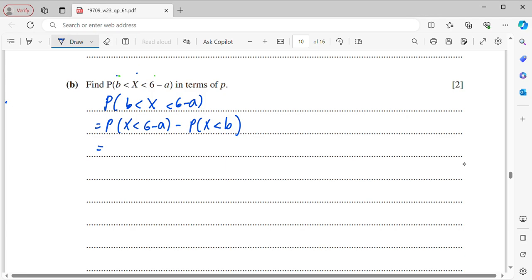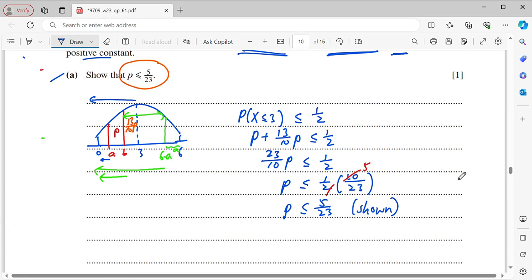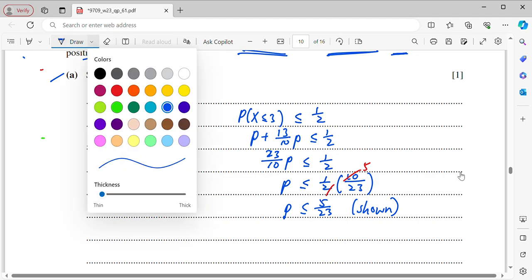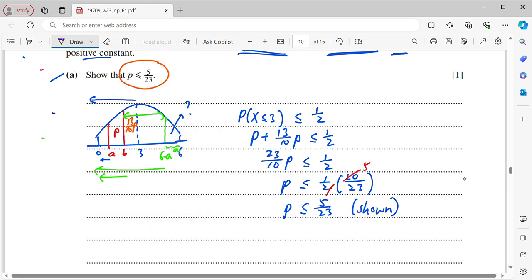How do we get the probability of x less than 6 minus a? Let's look here. 6 minus a means all this, so I need to know what this region is. Since it is symmetrical, this region is the same as the left side. We know that P(x less than 3) is half because it's symmetrical. So P(x between 0 and a) is 0.5 minus p and 13 over 10p.